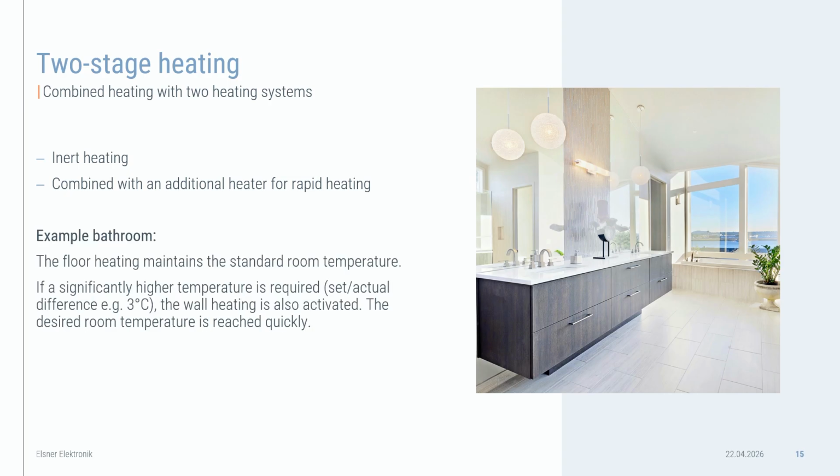So we would say that in a floor or a bathroom, the floor heating usually maintains the standard requested temperature. But if a significantly higher temperature is required, for example, plus 3 degrees more, then the wall heating is also activated. The desired room temperature is then reached more quickly.